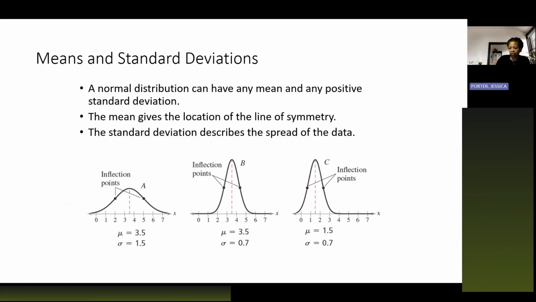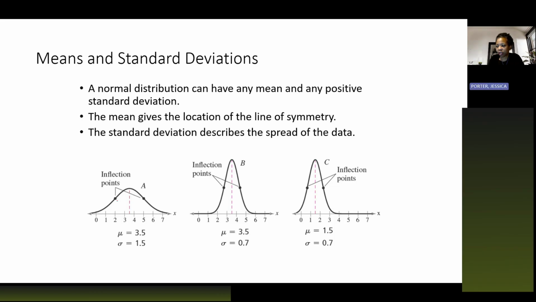So here are a couple of graphs of normal curves. It can have any mean and any positive standard deviation. The mean gives us the location of the line of symmetry, and the standard deviation describes how spread out the data is. So notice on this first graph, A, we're pretty spread out.